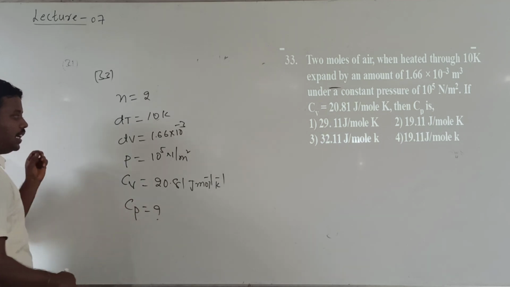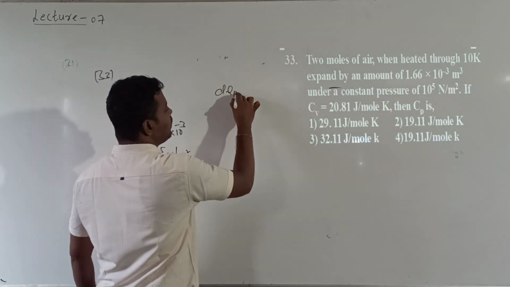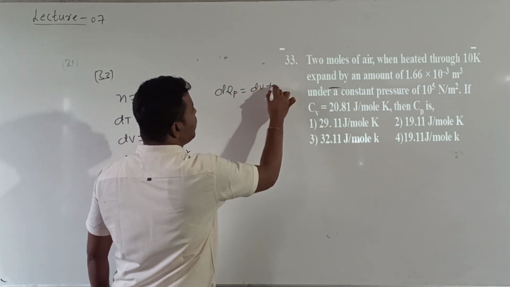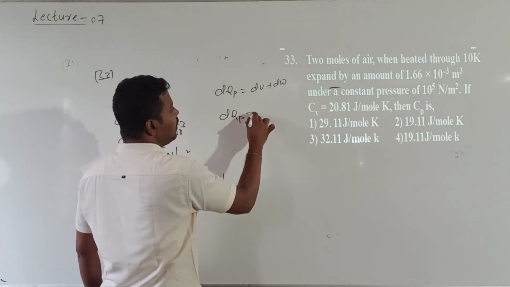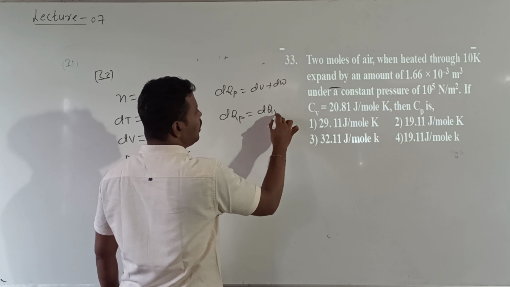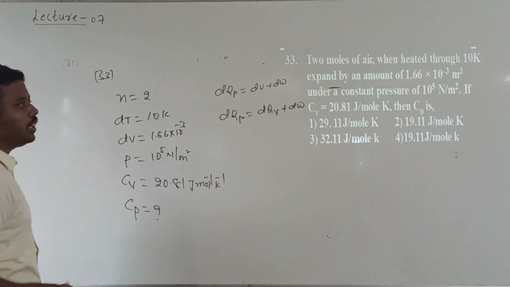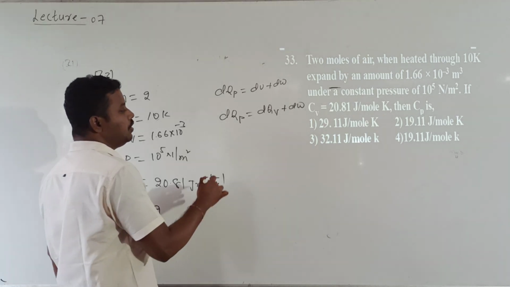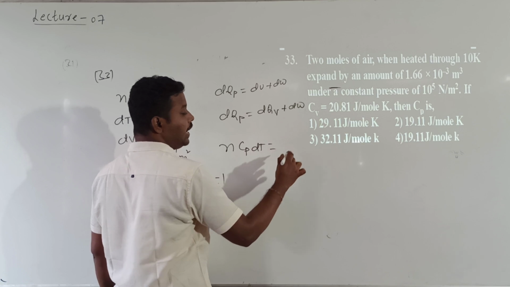So we will use the relation, which one? First law: dQp is equal to dU plus dW. From this, dU value is dQv plus dW. Now I want to calculate Cp. So dQp value is n into Cp into dT. Can we write that?